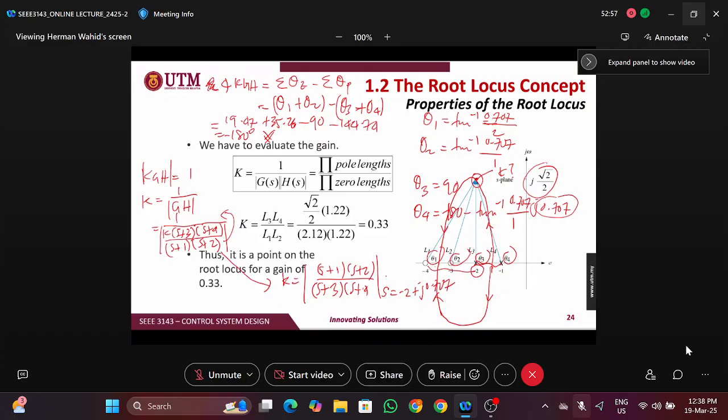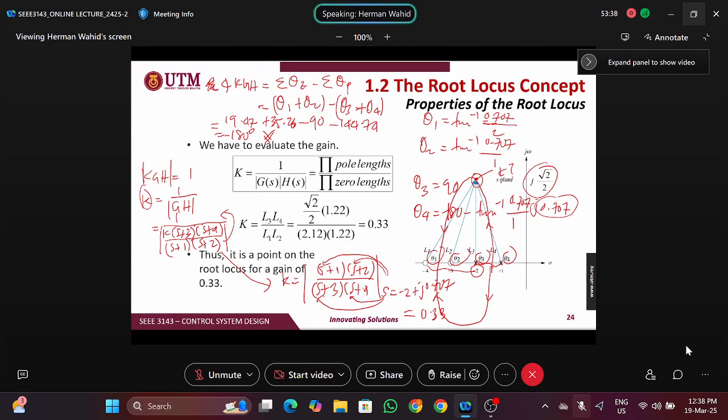You have to plug into all these S using your calculator, in complex mode, then substitute the S into this transfer function. Finally, you will get the value of K, which is equal to 0.33. Okay, so this is the first method on how we can get the value of K.